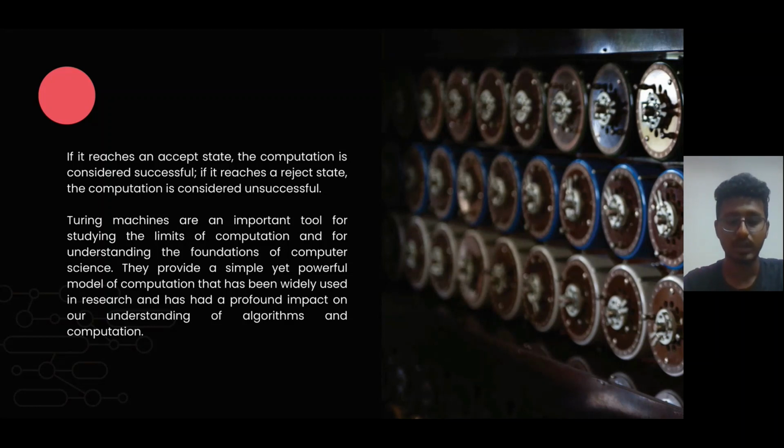Turing machines are an important tool for studying the limits of computation and for understanding the foundations of computer science. They provide a simple yet powerful model of computation that has been widely used in research and has had a profound impact on our understanding of algorithms and computation.